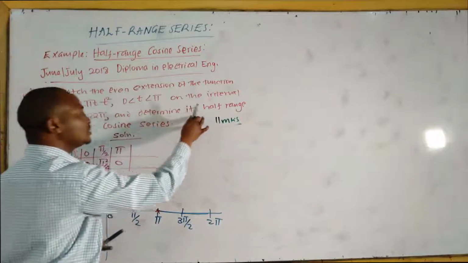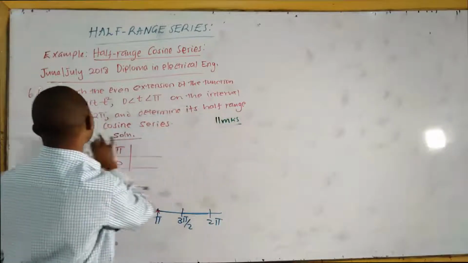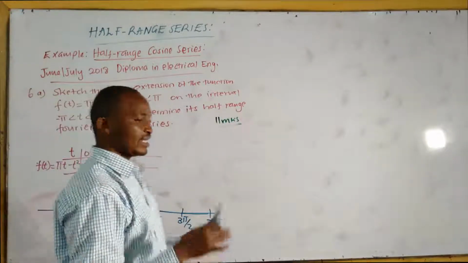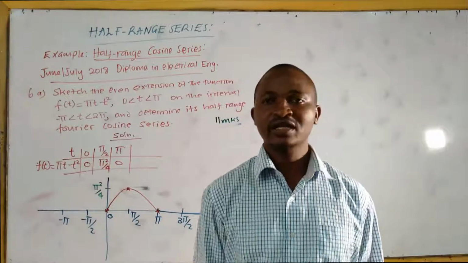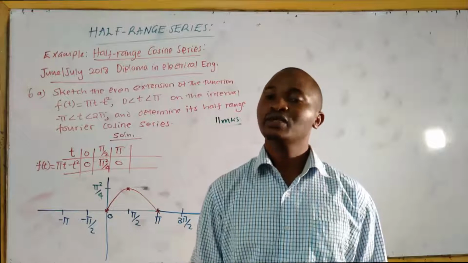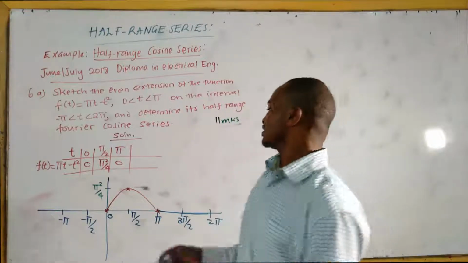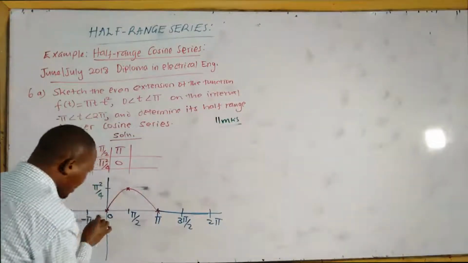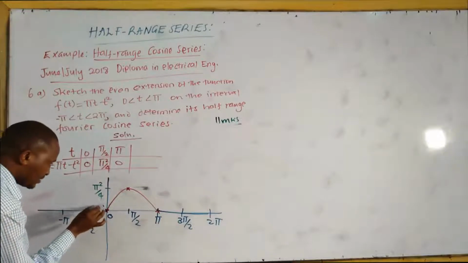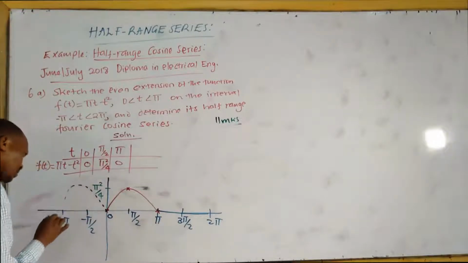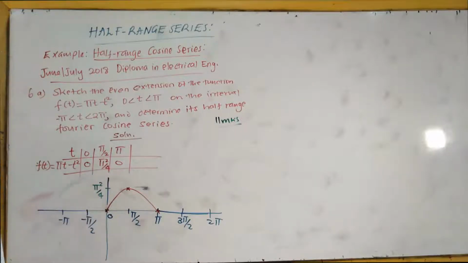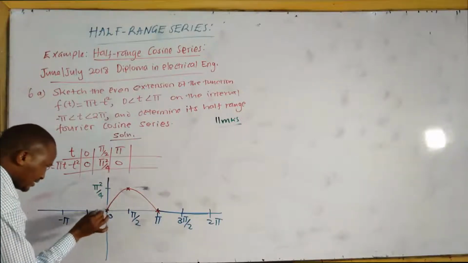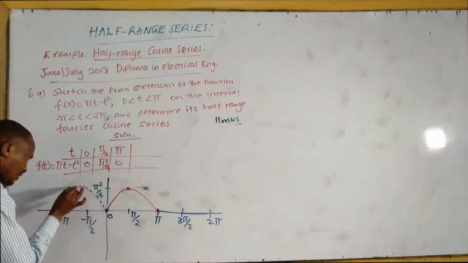But we have been told to determine the half-range Fourier cosine series. That means you have to make the function even, symmetrical about the y-axis. How do you make it symmetric about the y-axis? By making it look like this.